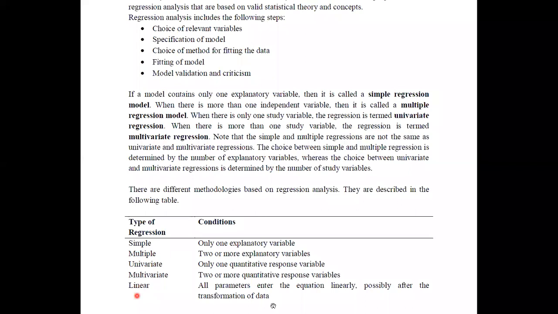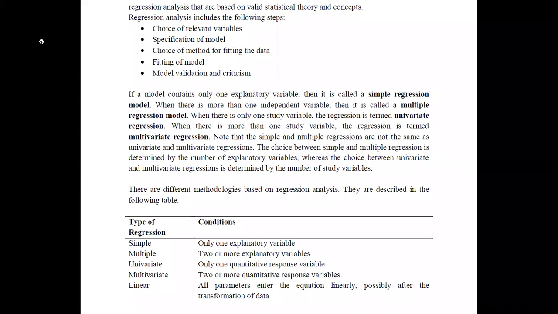Linear means all the parameters enter the equation in a linear manner. And sometimes we may say that the model can be transformed to linear. If it can be transformed into a linear form, then such models are said to be linear models.